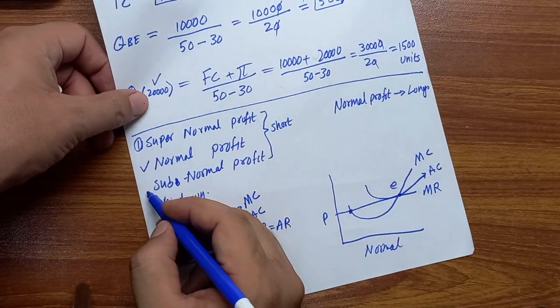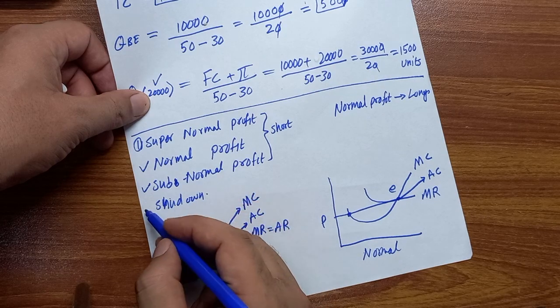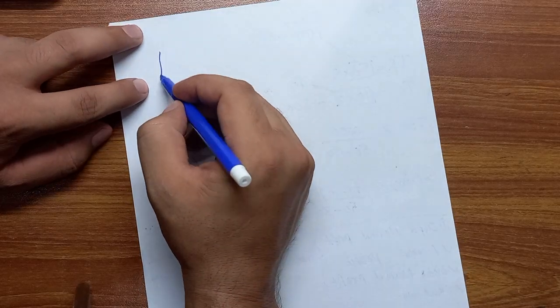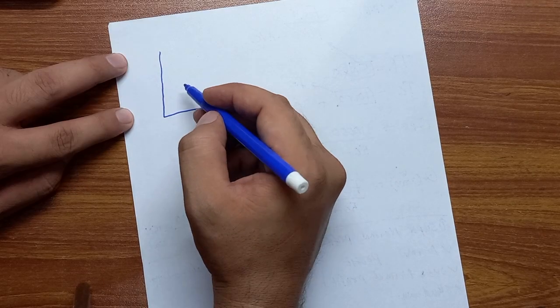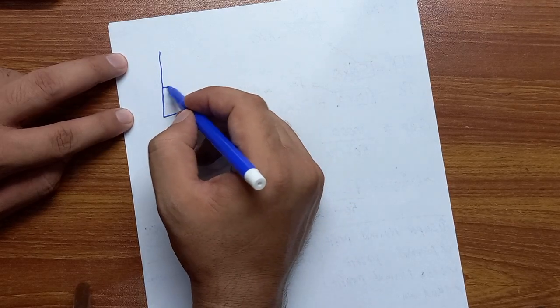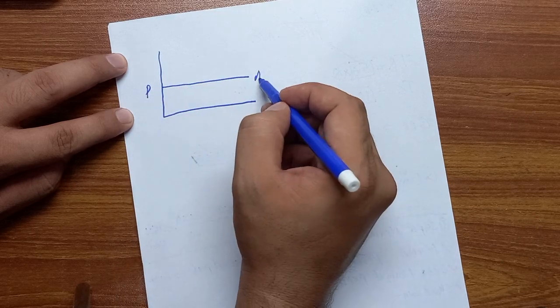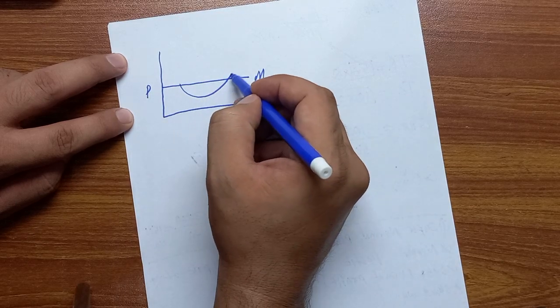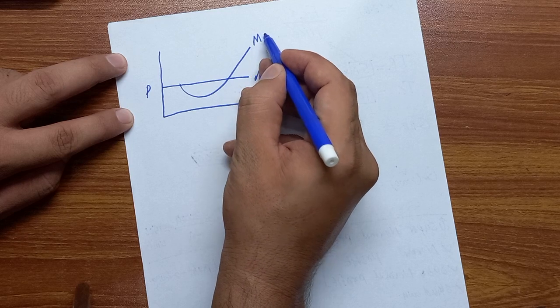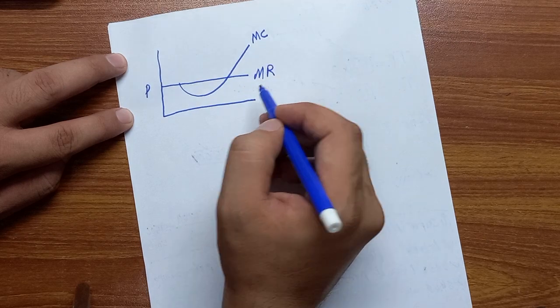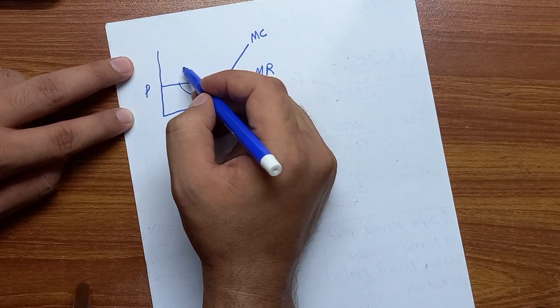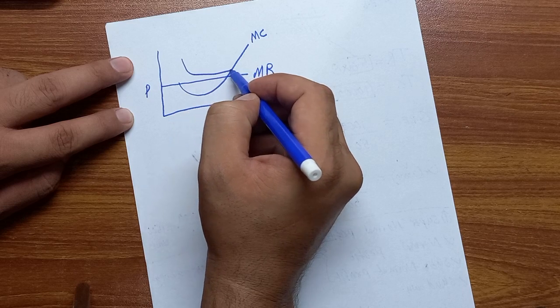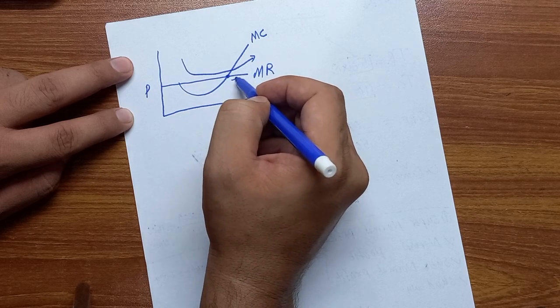Now we have two other graphs: one is subnormal profit and one is shutdown. Let's draw it. This is subnormal profit. The price is equal to MR, and here we have MC and MR, and the average cost is above the equilibrium point.